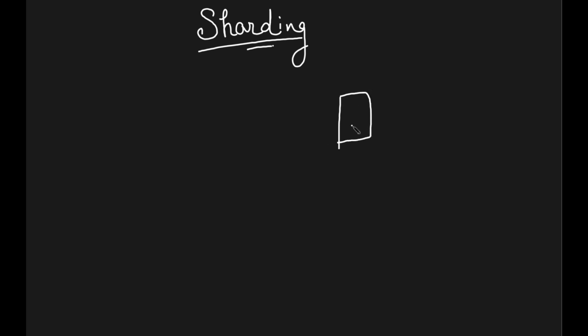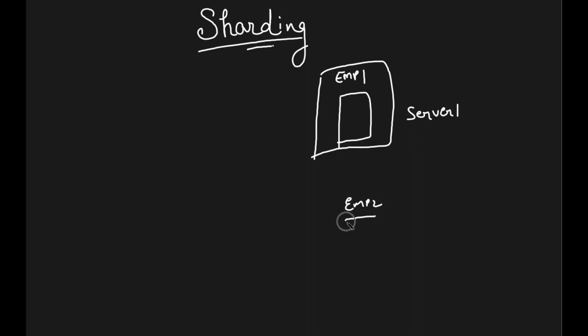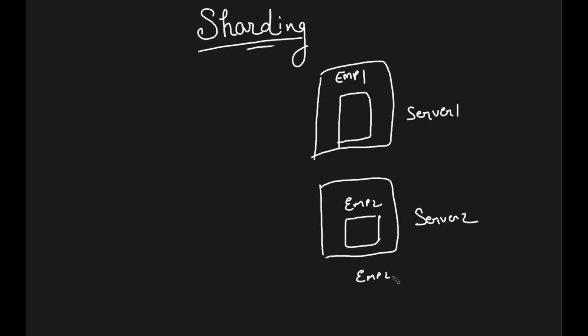So these are the servers. Let's say employee 1 that I was talking about earlier is residing on server 1, right? Similarly, employee 2, which was again a partition of the bigger employee table, will be residing on a different server 2, and similarly employee 3 will be residing on server 3.